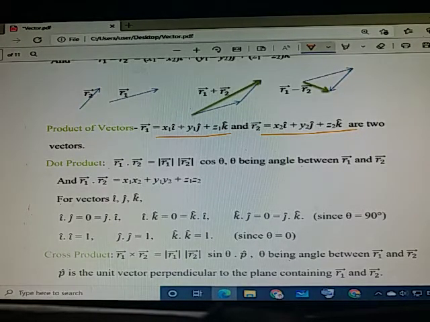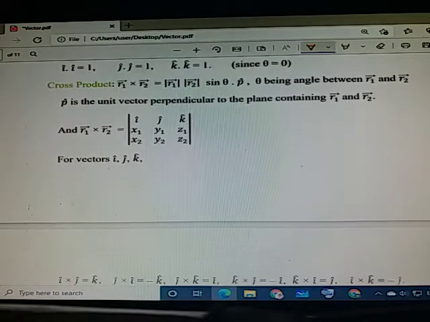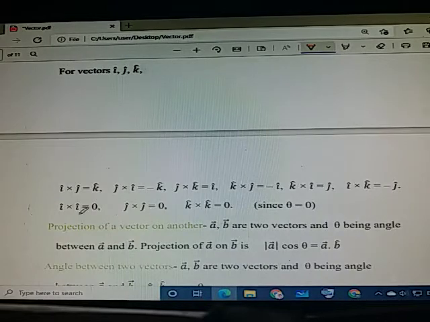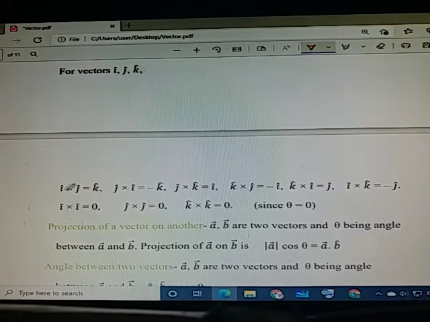And for cross product, you have to use i cross j. I cross j is k, and order is important here. If we say i cross j, then it is k.